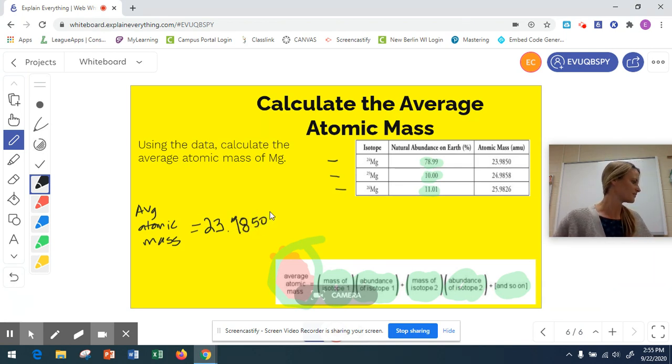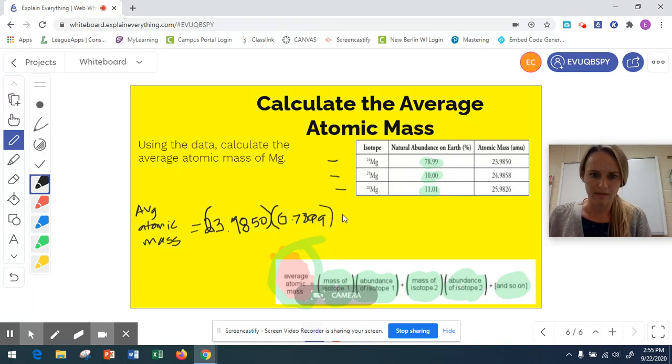23.9850. And then we can multiply that by the abundance in decimal form, so 0.7899. And then we add that to the mass of isotope 2, which is 24.9858, multiplied by the abundance in decimal form, so 0.1000.